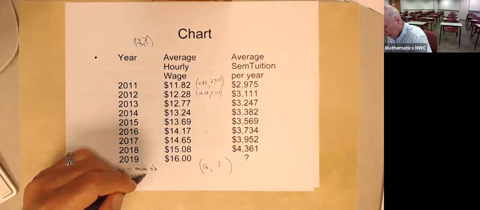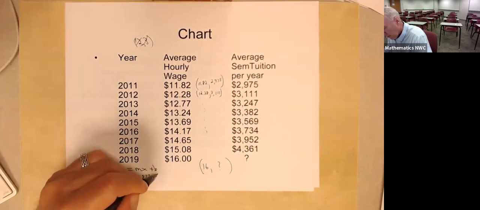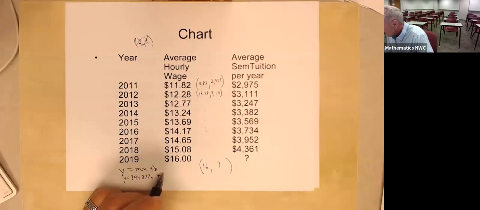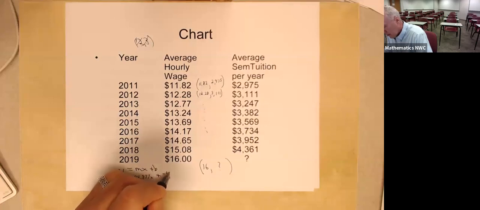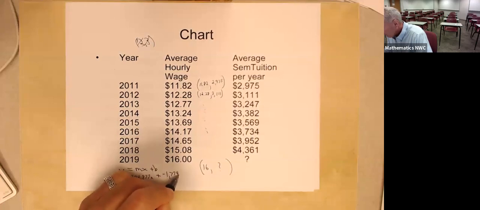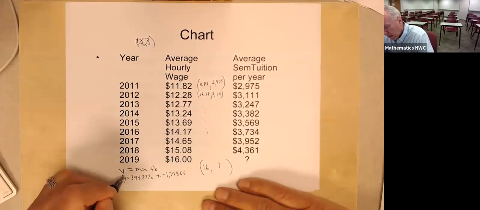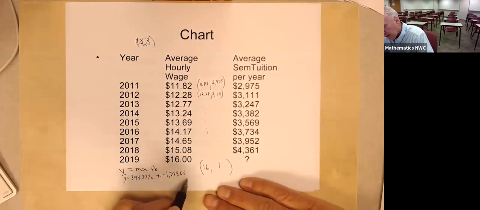Let me just double check that, yep. So that goes in for your M. Your y-intercept, the B, turns out to be a negative 1,774.66. There is your line of best fit.